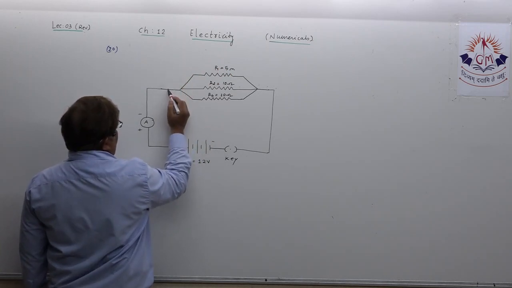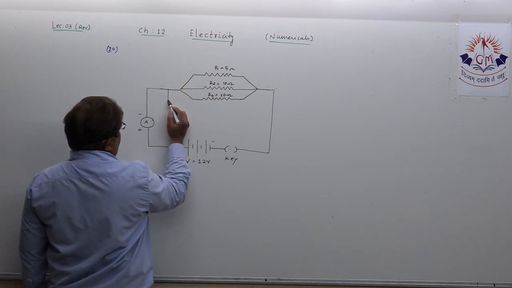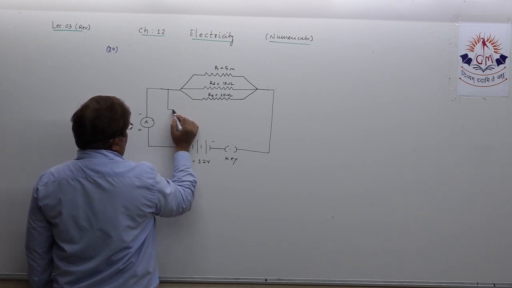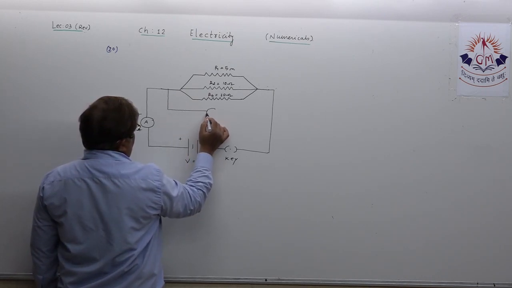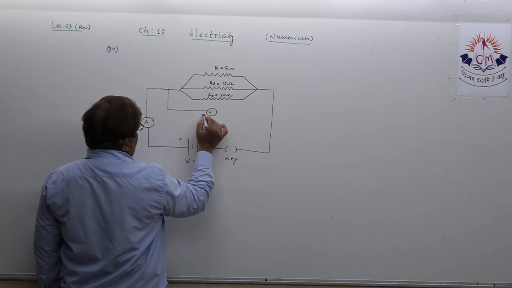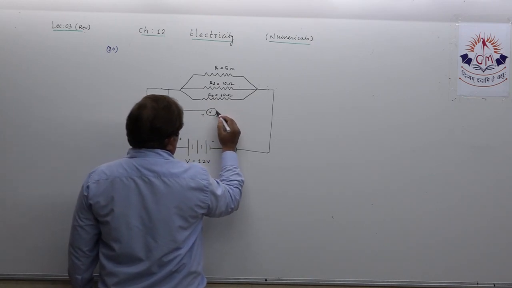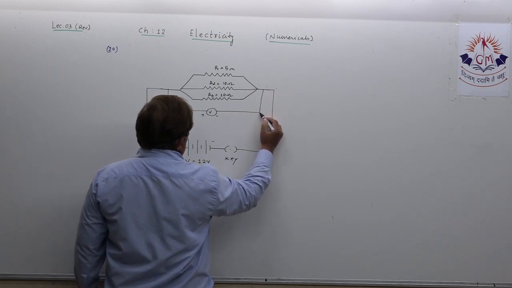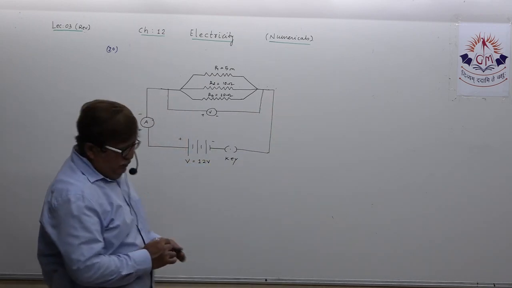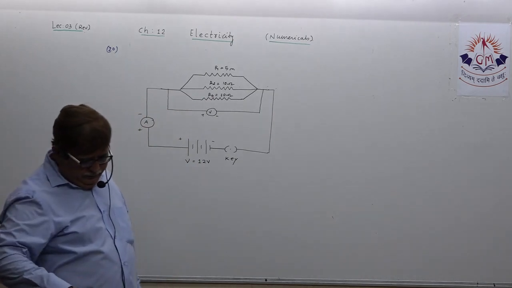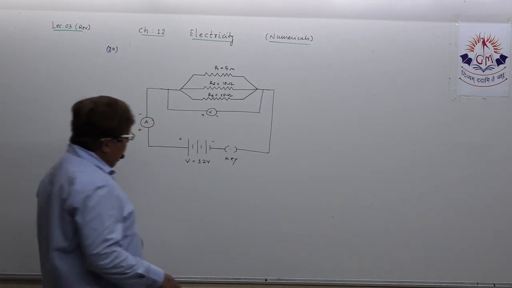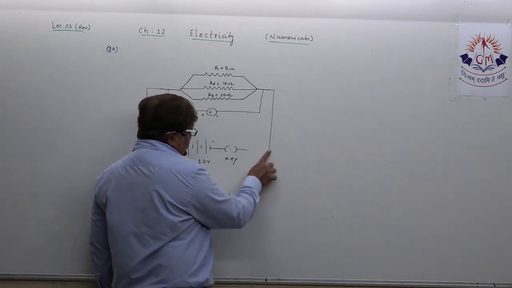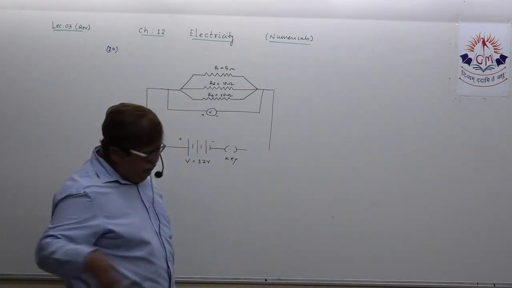So here there is no problem at all. But the voltmeter has to be in parallel connection. That needs to remain in your mind. Understand? So this is the schematic circuit diagram.